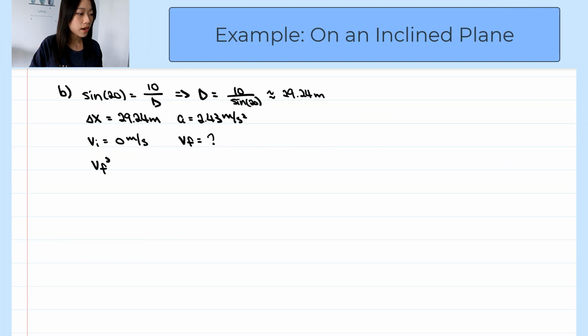We can use the third kinematic equation: final speed squared equals initial speed squared plus 2 times acceleration times delta x. We substitute the numbers. Initial velocity is 0.